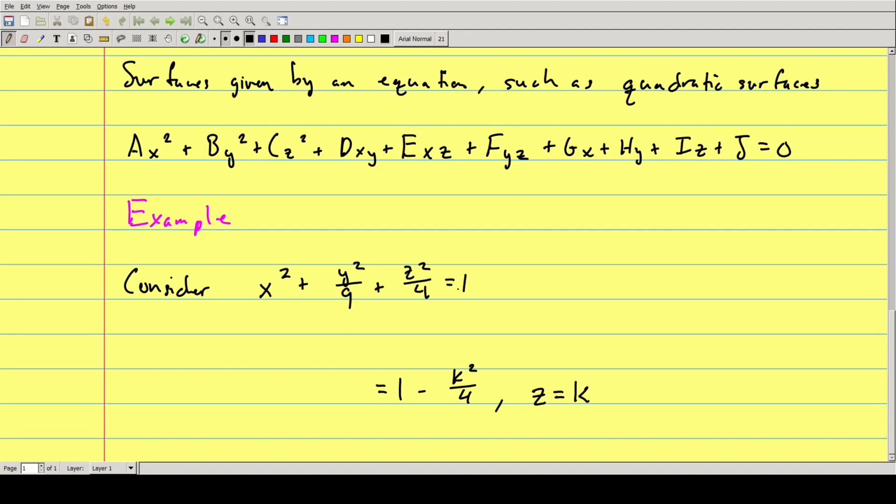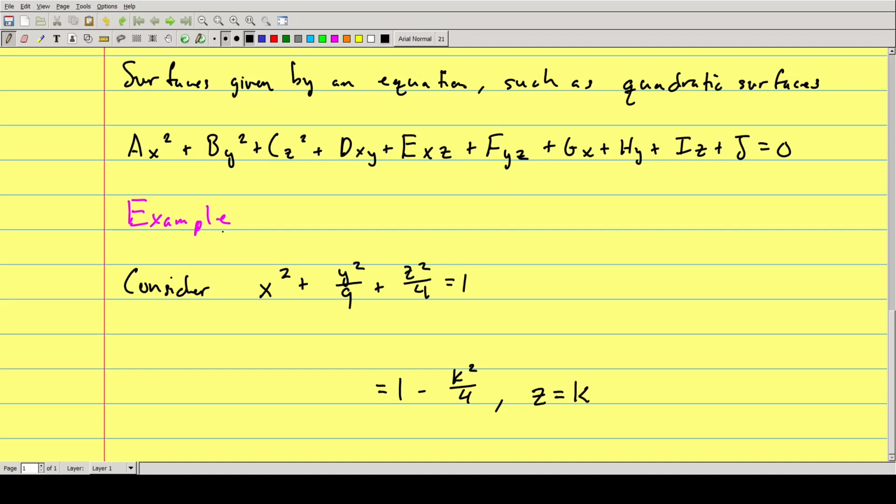Sorry about that. Okay, we want to consider this quadratic equation. This is the equation that gives us our expression, and what we want to do is try to figure out what the plot of this looks like.